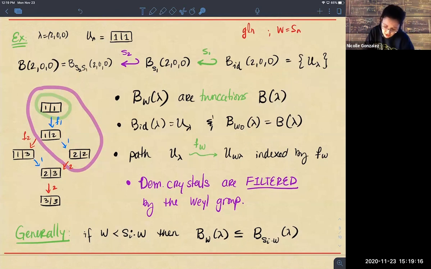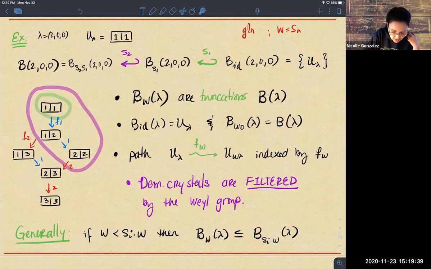Fantastic. So what do we see in this example? We notice that these Demazure crystals are truncations of your original crystal, right? Since they're nested, you take your bigger crystal, erase some edges, and you get the Demazure crystal back. And of course you get exactly what you would expect at the two ends of the spectrum.